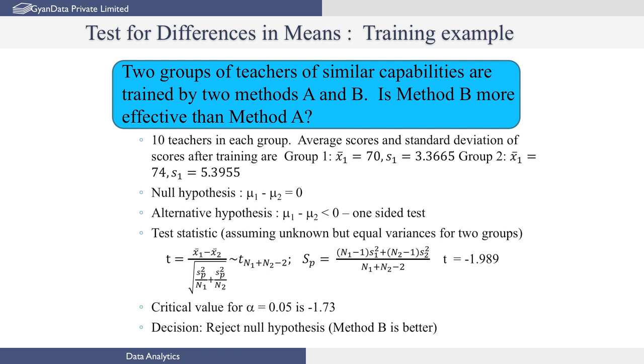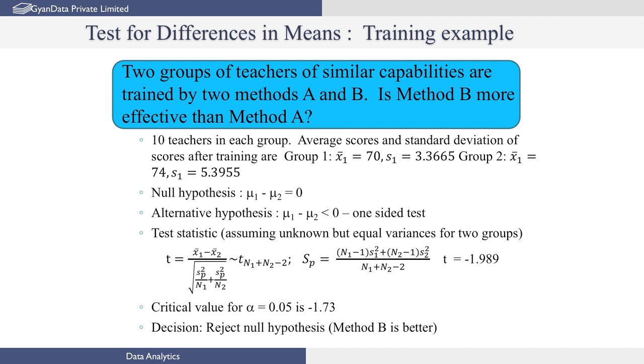So, you can take as the test statistic the difference in the sample means x1 bar minus x2 bar divided by the standard deviation of these means. So, SP represents the standard deviation of the difference in the means, remember assuming that both the groups have the same variances.